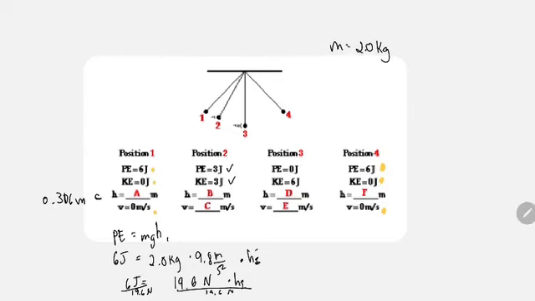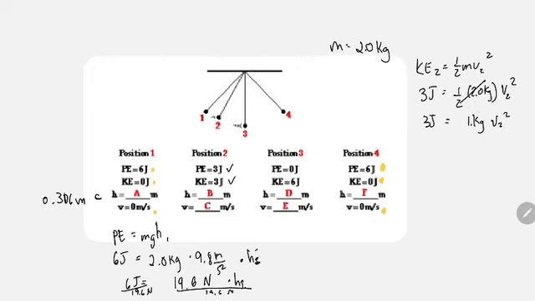Let's solve for the KE. KE is 1/2 mv squared. At position 2, KE is 3 joules, 1/2 mass is 2 kilogram. Okay. So this will be 1 kilogram, 1/2 times 2. Okay, divide both sides by 1 kilogram.